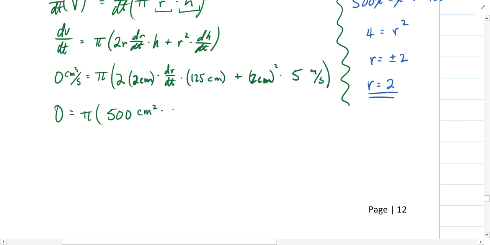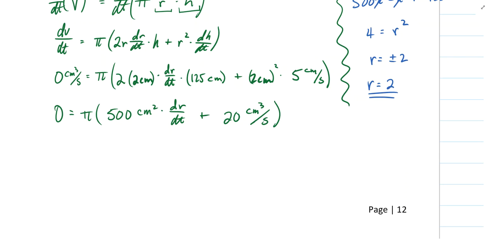That's 500 centimeters squared times dr/dt plus 4 centimeters squared times 5 centimeters per second. So that's going to be 4 times 5. That's 20 centimeters cubed per second as far as our units go.